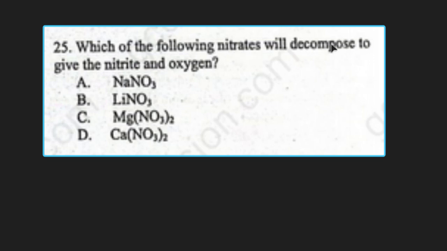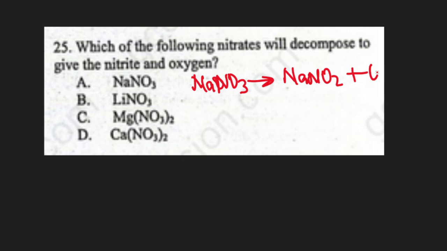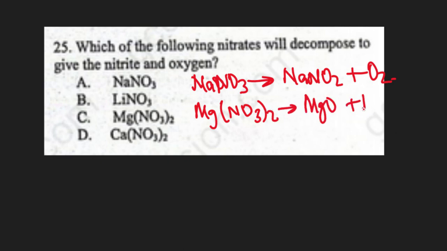Question 25. Which of the following nitrates will decompose to give the nitrite and oxygen? For the nitrate of group 1, when decomposed like sodium nitrate, we are going to have their nitrite and oxygen gas evolved. But for the nitrate of group 2, when decomposed, we are going to have their oxide, nitrogen dioxide gas, and oxygen produced.